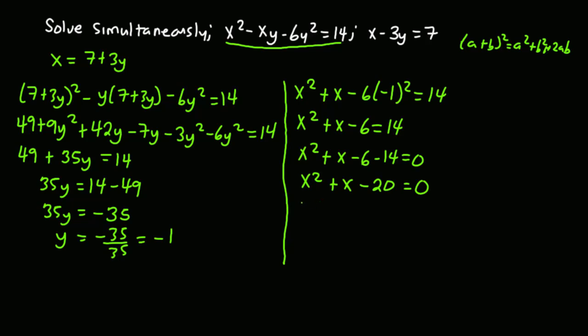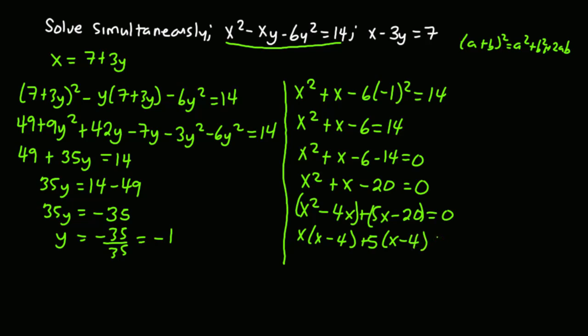-4 and 5. So this will give us x squared, then we have -4x, then we have +5x, then minus 20 is equal to 0. If we factorize, we have x into bracket x minus 4, then we have 5 into bracket x minus 4, and this is equal to 0.